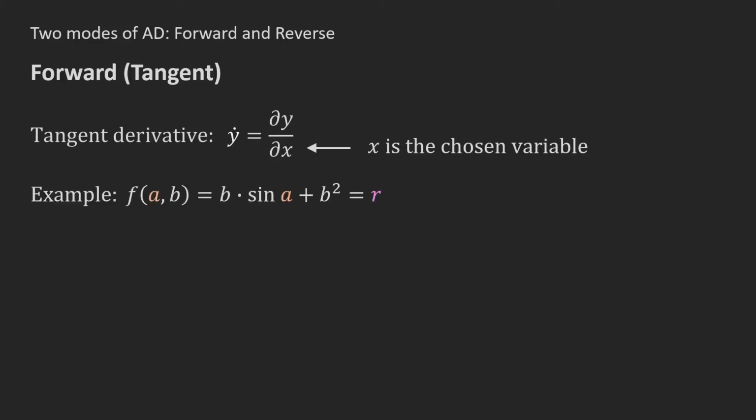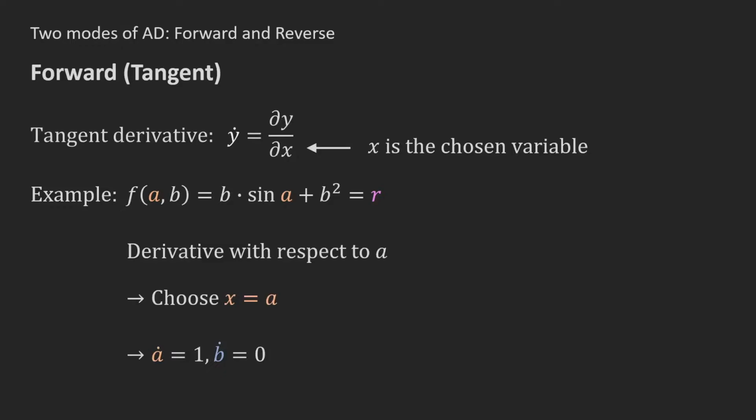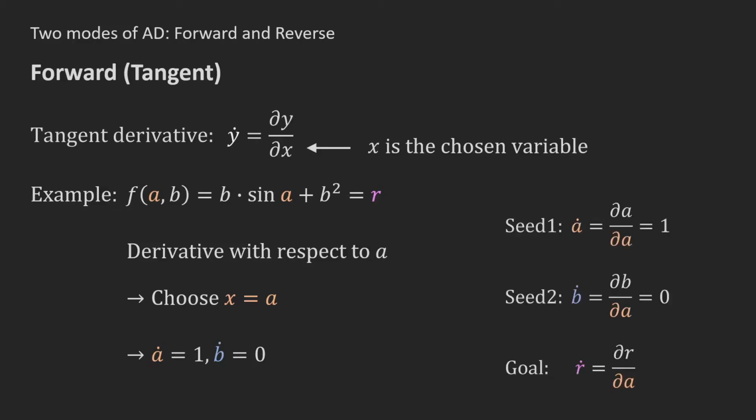So let's see how it works using the same example. Say we're looking for the derivative with respect to a, then we choose x to be a, and that stays in the denominator. This is to say, no matter what the numerator is, we always have the same denominator. Here are some examples using this notation. a dot stands for the derivative of a with respect to a, which gives 1.